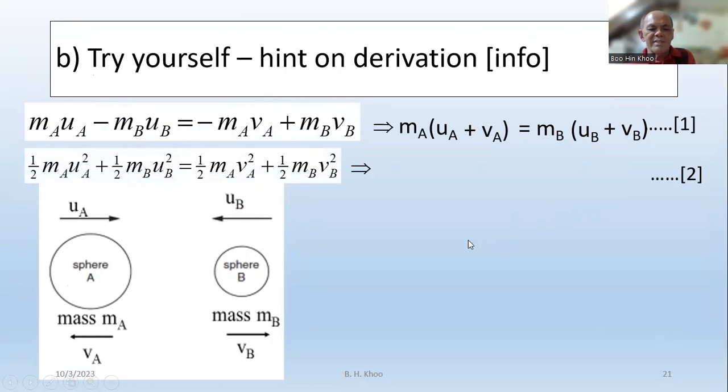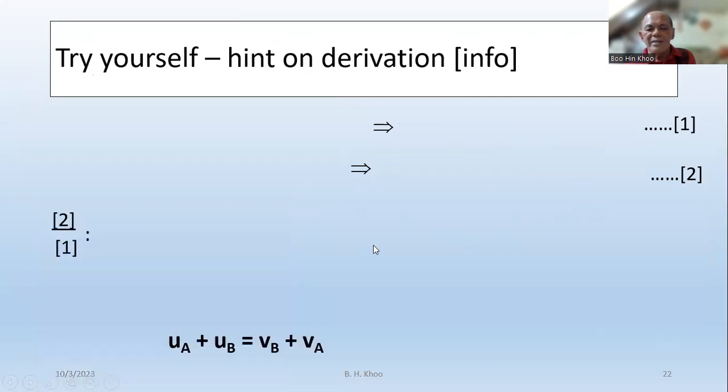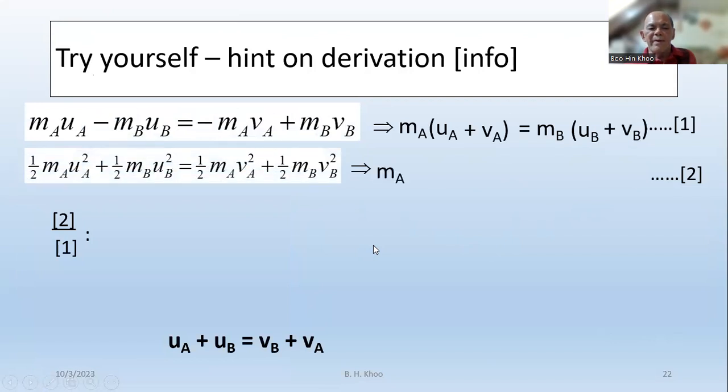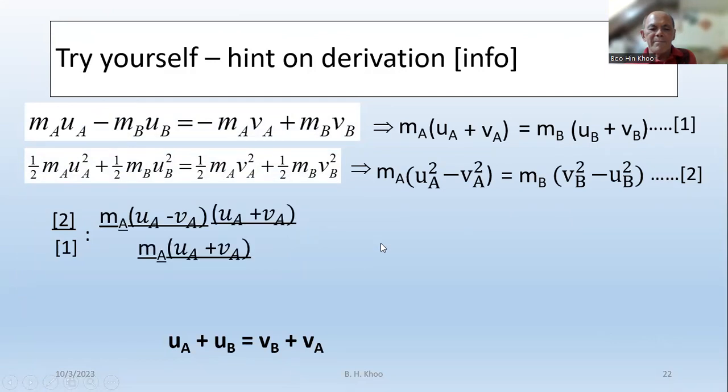And kinetic energy, the same thing. Cancel all the half there. Take the MA to this side there. So if you are interested, you can just go and derive it. Two equations, 2 divided by 1. That's your 2.